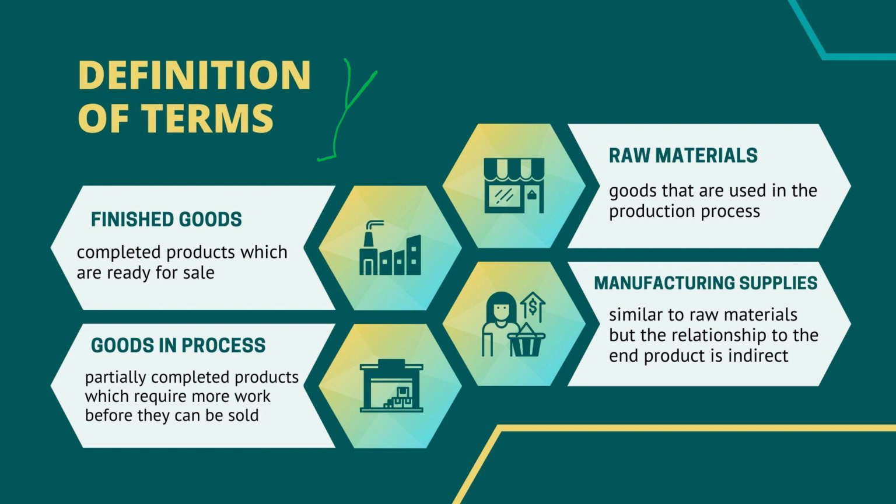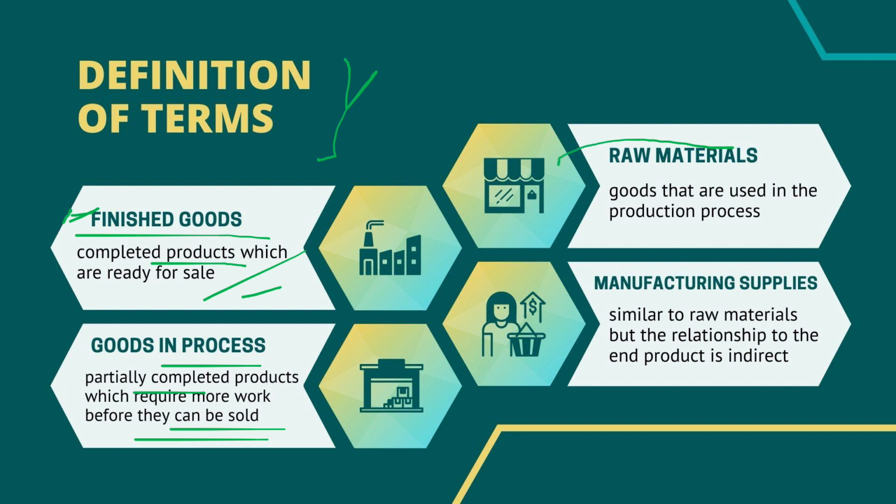First thing is that when we say finished goods, it is completed, ready na for sale. When we say goods in process, it is partially completed, which requires more work before they can be sold. So meaning, hindi pa siya 100% tapos compared with the finished good na ready na siya para ibenta mo.